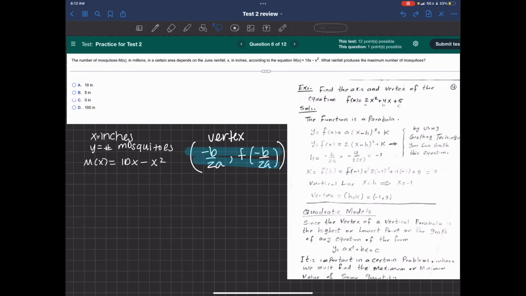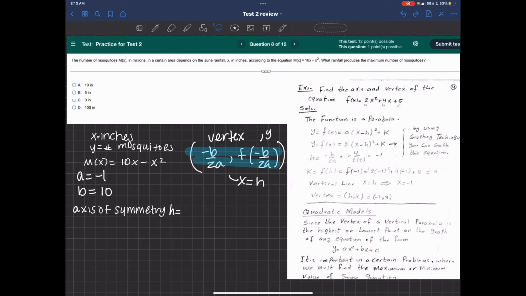As we define our vertex, the vertex is going to be the x value, which is also equivalent to h. So the vertex means negative b over 2a. Let's talk about our a and our b. I have a as negative 1 and b as 10.